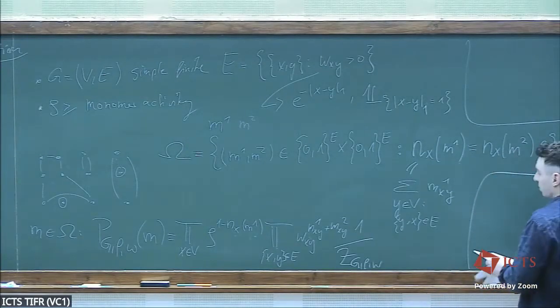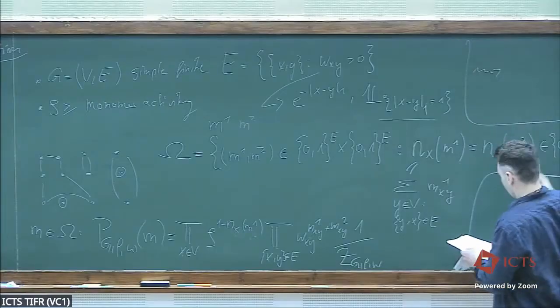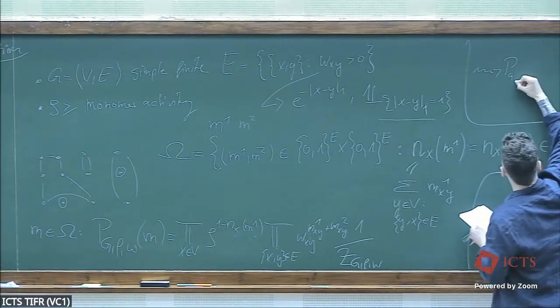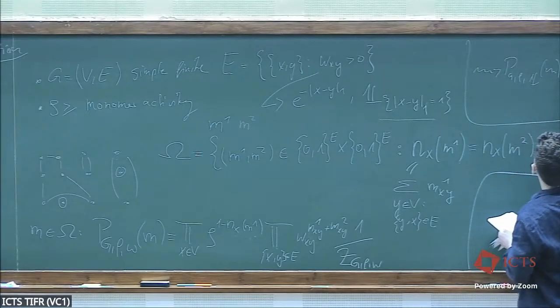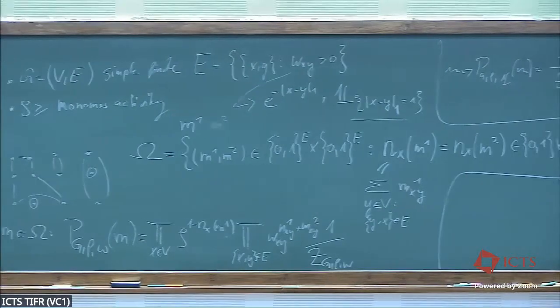What happens if we restrict ourselves to nearest neighbor weights, then we just recover the normal monomer double dimer model again. So then this reads as rho to the number of monomers divided by the partition function.